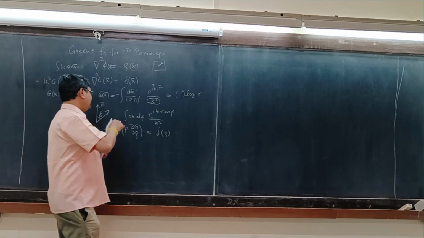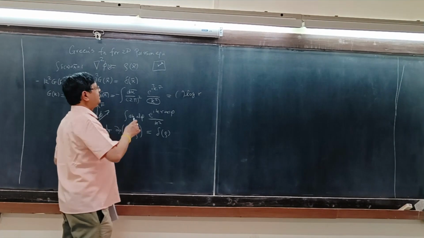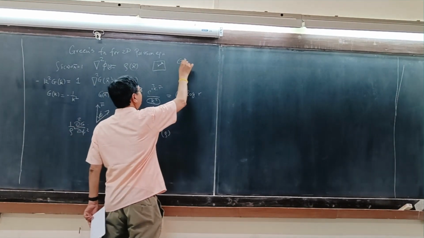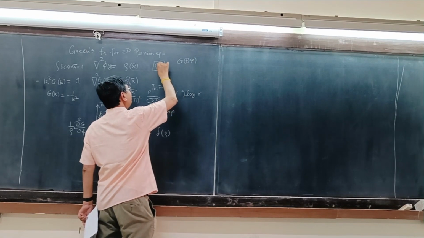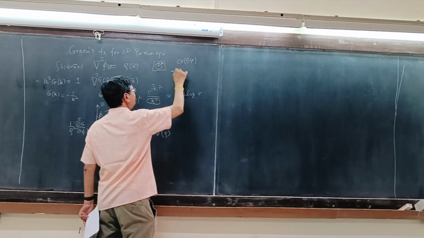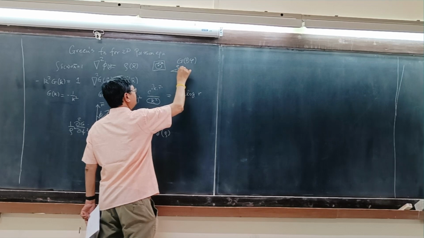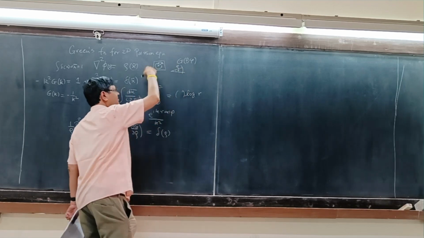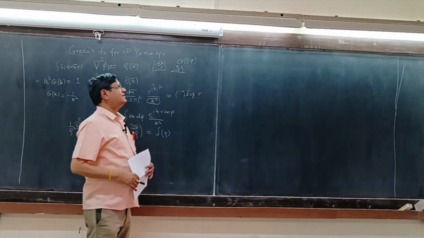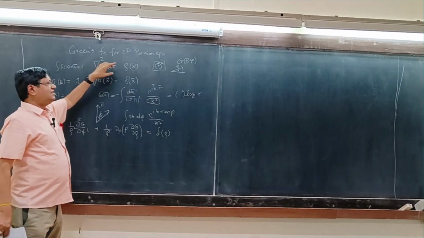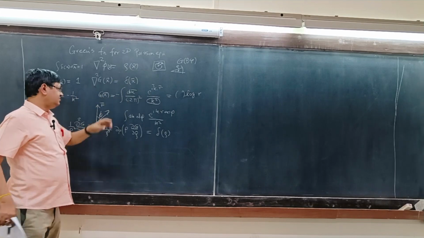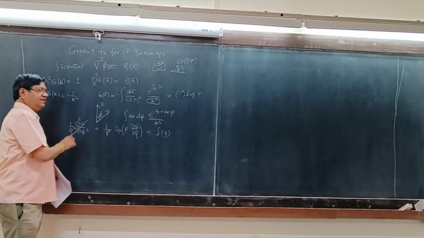In general, this Green's function is a function of rho and phi, where phi is that angle. But for this problem, because of azimuthal symmetry, the phi part is gone.